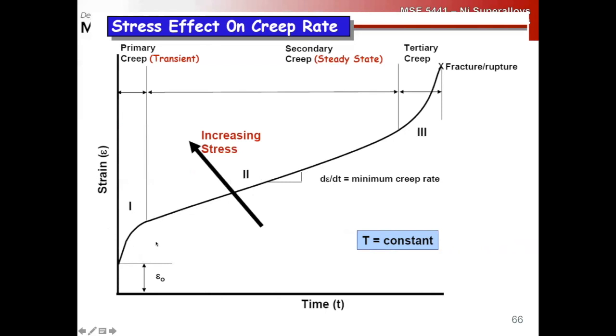So this is the region where the microstructural evolution that we talked about last time, the dissolution of gamma prime, the change in gamma prime morphology, all of this is largely happening in this primary region.